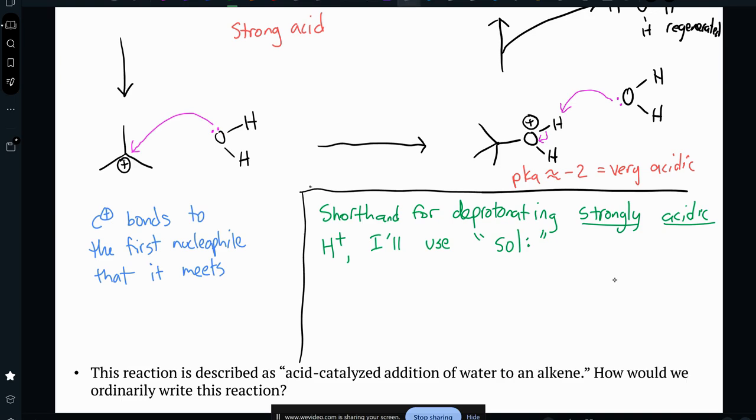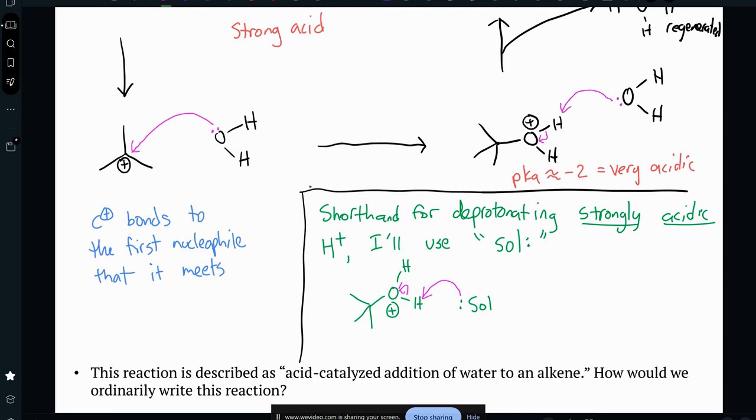So that last step, instead of using water to deprotonate, I might have just used Sol as my deprotonator. All right. The key here is I'm only going to use that when it's a very acidic proton, and it doesn't really matter who is coming along to deprotonate it. I just know that that H plus is being returned to the solution in some way.